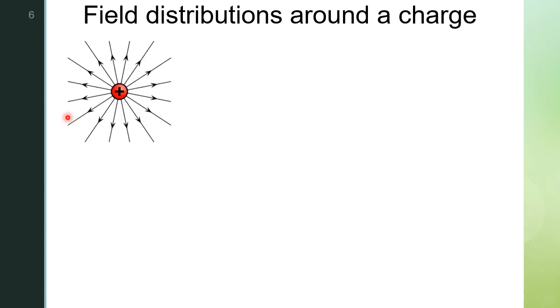If you consider a positive charge, the field lines will be directed away from it. This is because if we place a plus 1 coulomb charge in this space, you already know that like charges repel each other. Since both are positive, it will be a repulsive force, so the electric field lines will be directed away from the positive charge.